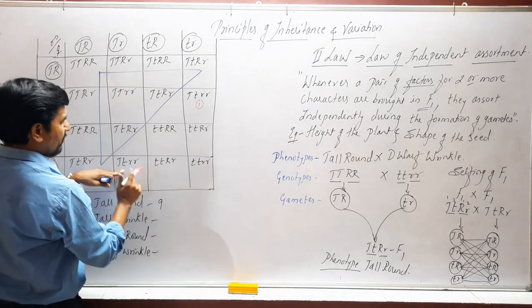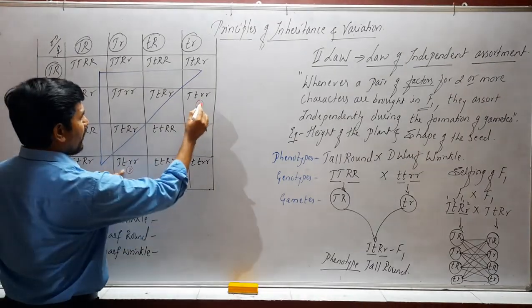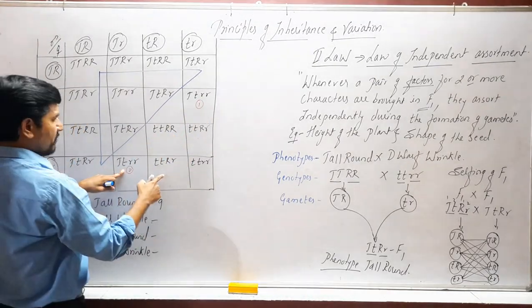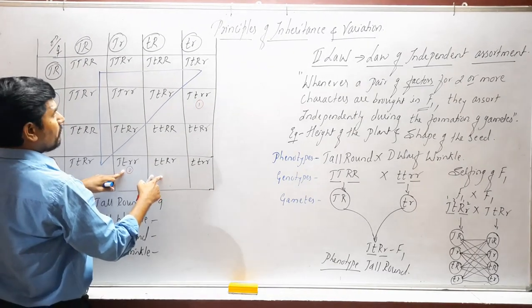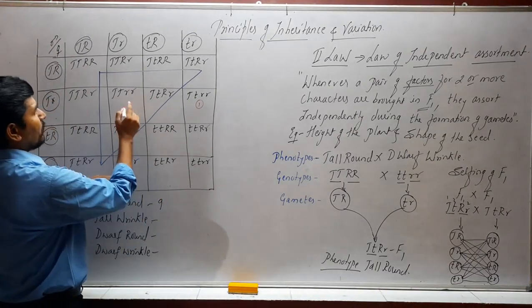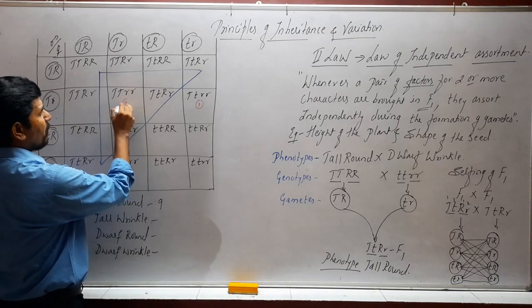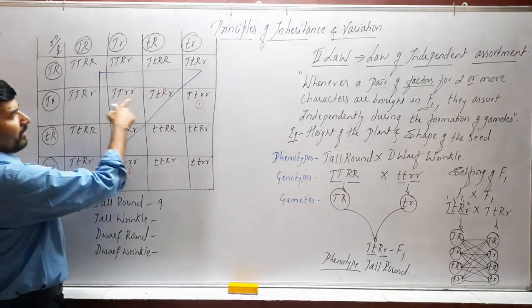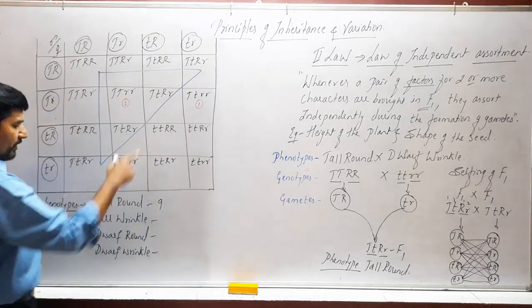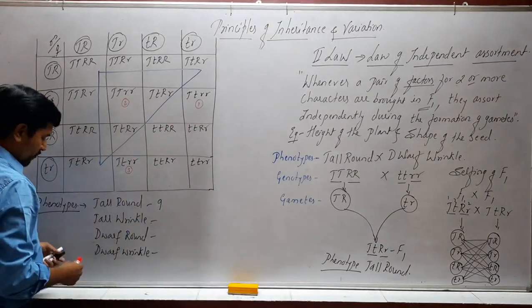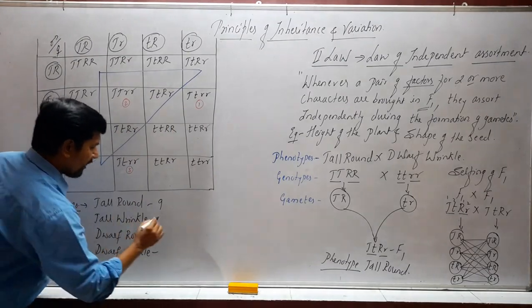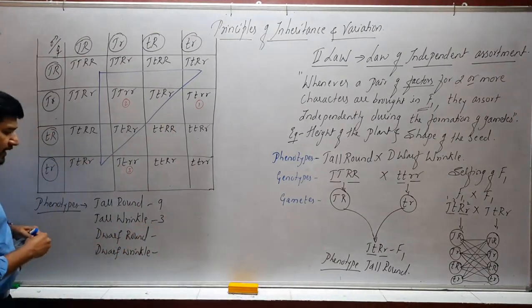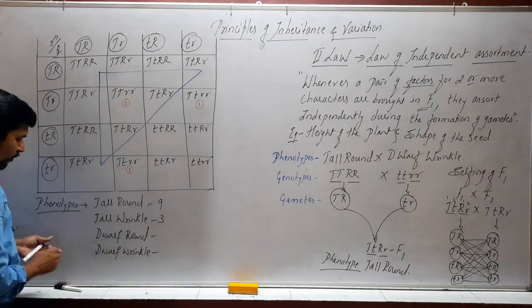Both should be small here. This is 2, and one more is this one, third. So 1, 2, 3. So these three are tall wrinkle. Okay, the next one is a dwarf round. Both should be small letter.